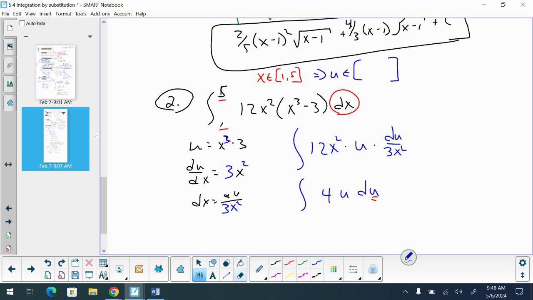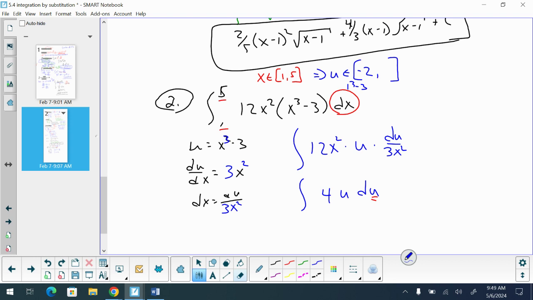If x is an interval from 1 to 5, what would u be the interval of? Well, how do we calculate u? U is equal to x cubed minus 3. So if x is a value 1, what's our u value? Well, u would be 1 cubed minus 3 to give us negative 2.